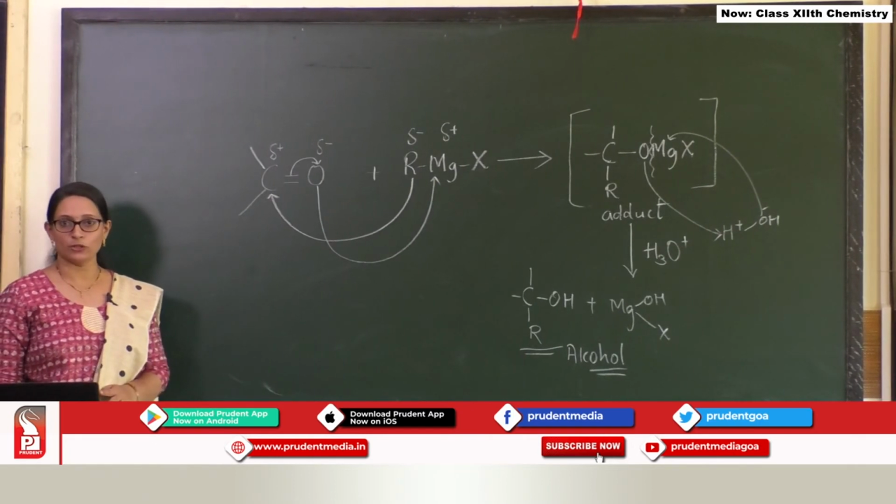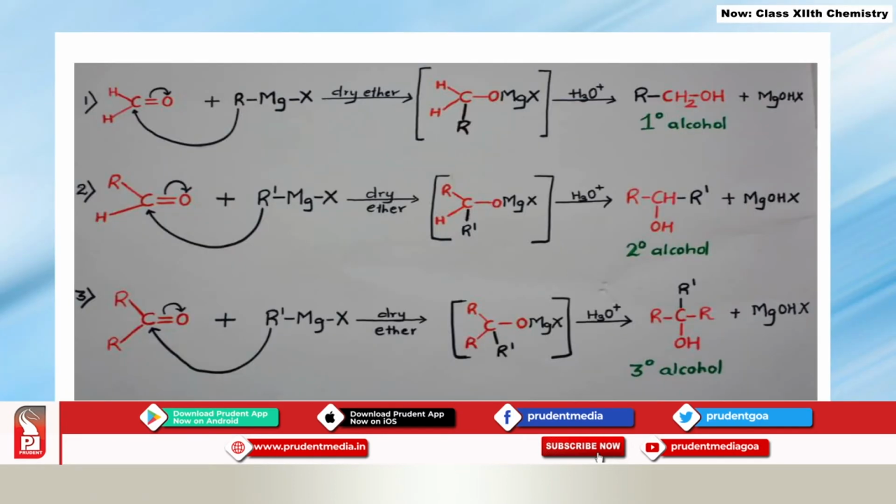So this slide shows us if we take different aldehydes and ketones, what are the possible alcohols that we are going to get. In this first example, I have taken formaldehyde and added Grignard reagent to it in the presence of dry ether as a solvent. A similar type of addition is going to take place and you are going to end up with primary alcohol.